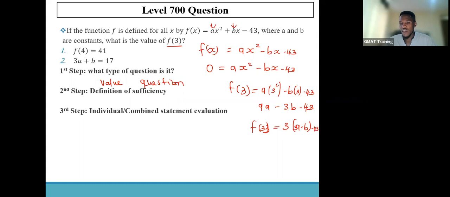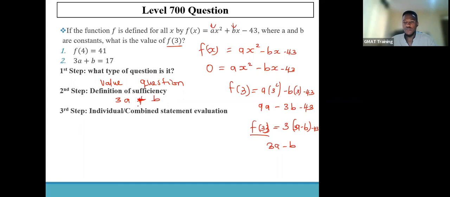So if you are to get the value of 3a minus b, you would actually be able to get the value of f of 3. So for a statement to be sufficient, it must be able to give us the value of 3a minus b.